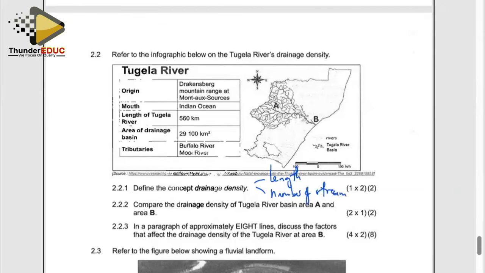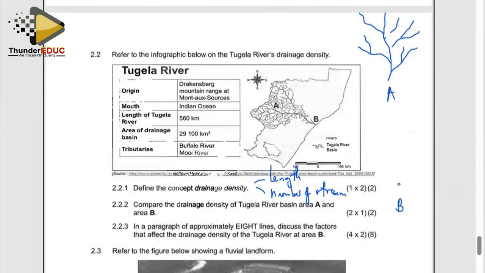That's density. What am I saying here? Let me say there's river A and there's river B. River A, the main river, is like that. And it has some tributaries and sub-tributaries like that. That is river A, drainage basin A.